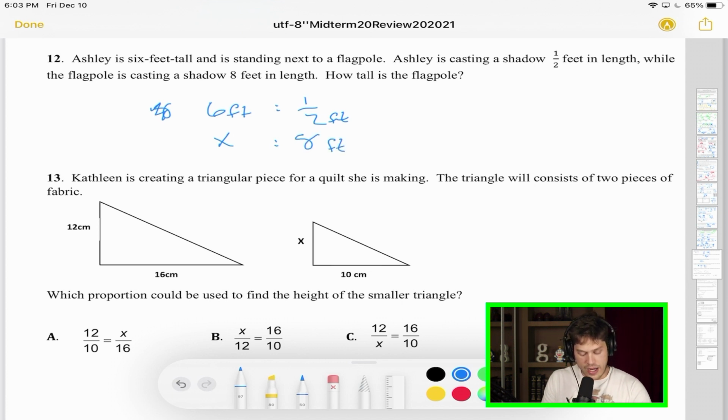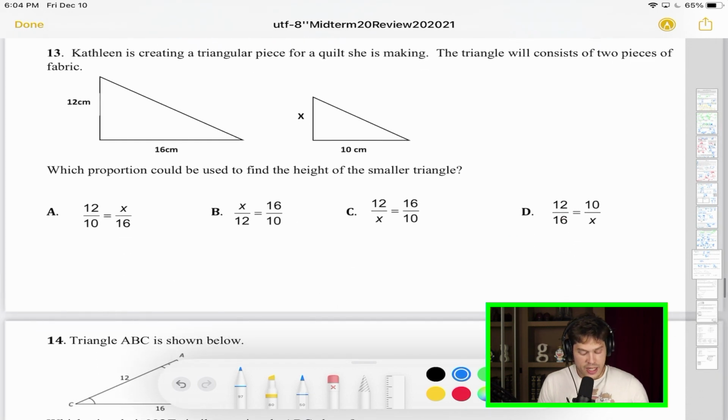How do you go from half to 8? This is a times 16 multiplier. So this will also be a times 16 multiplier. Okay, what is 16 times 6? 6 times 6 is 36. 96. So the flagpole is 96 feet tall.